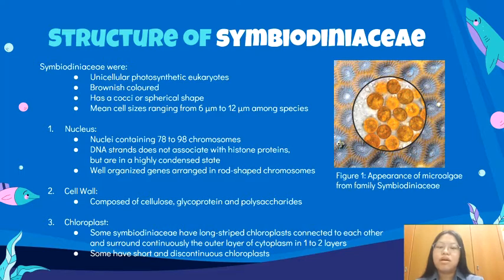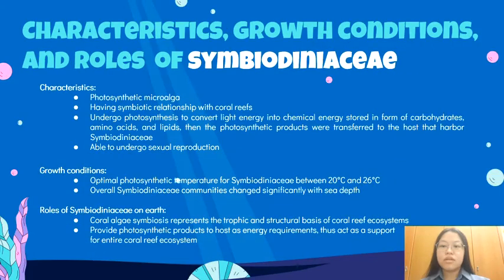They arrange well-organized, orientated blocks of genes in rod-shaped chromosomes rather than distributing the genes randomly across chromosomes like humans. Then, their cell wall components include a mesh of cellulose, glycoproteins, and polysaccharides.